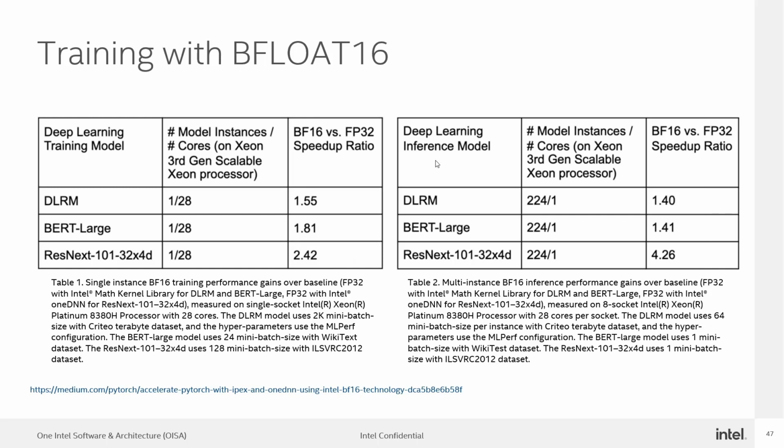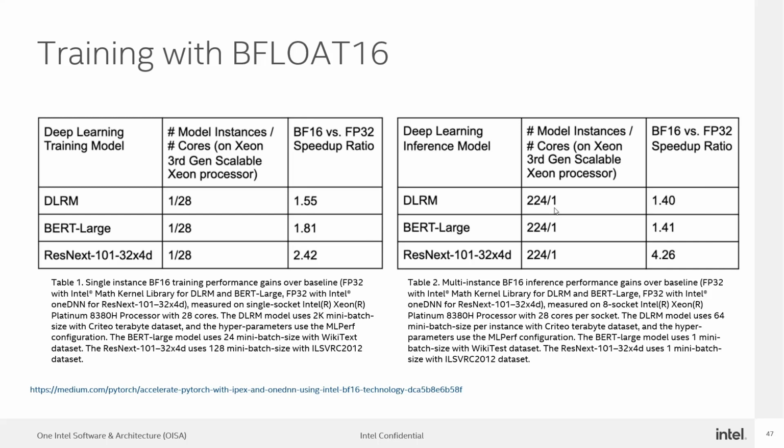Meanwhile, we also tested bfloat16 with the inference workload. Again, the topologies are these three. We ran 224 instances, and each instance uses only one core, so we run it in throughput mode.